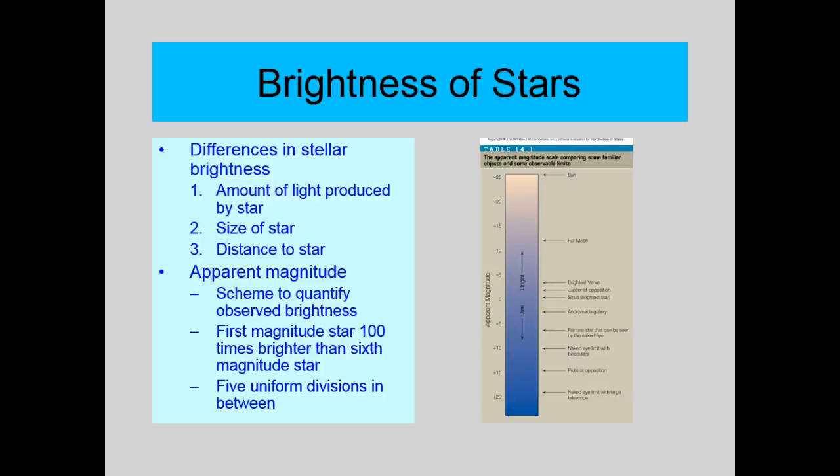Now here's the scale that illustrates that. Here's apparent magnitude, and what we're going to do is go from the faintest star that can be seen by the naked eye, that's going to be about +6.